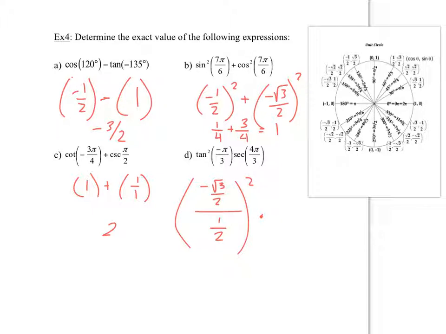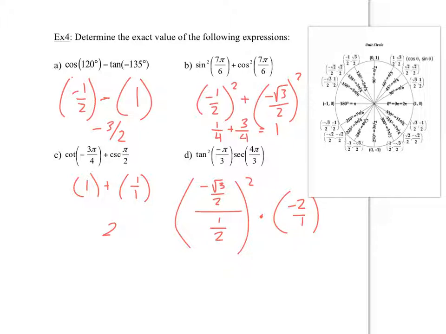And then we have 4 pi over 3, secant. So again, we're on the hunt for 4 pi over 3. You get right here, 4 pi over 3. And secant is the reciprocal of cos, which is the reciprocal of the x value. So I'm going to take that x value and flip it around. So instead of saying negative 1/2, I wrote negative 2 over 1.